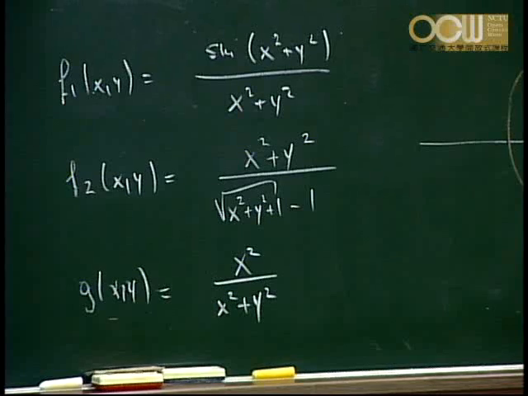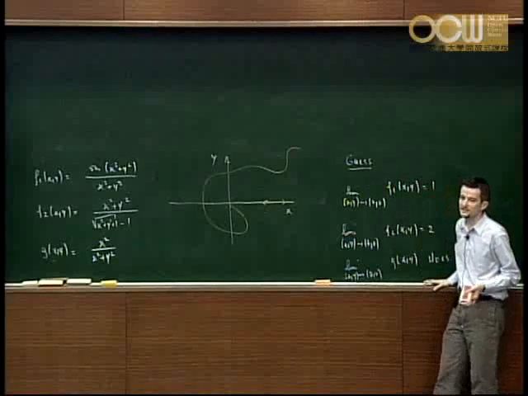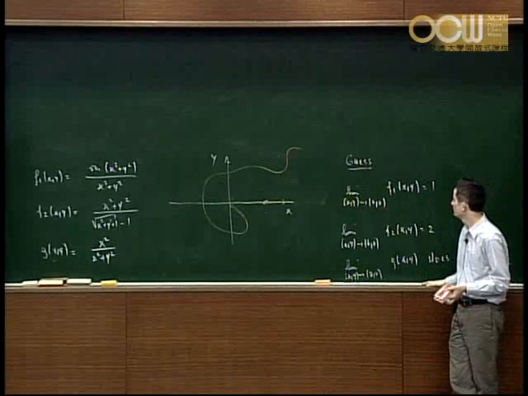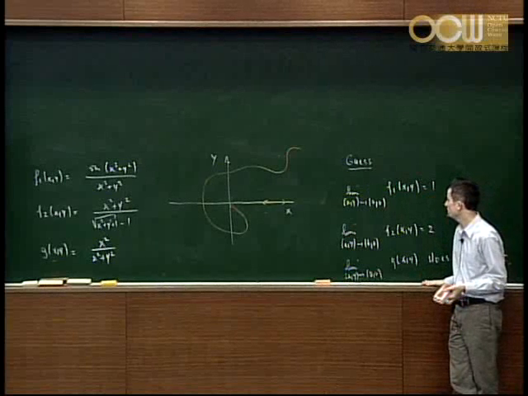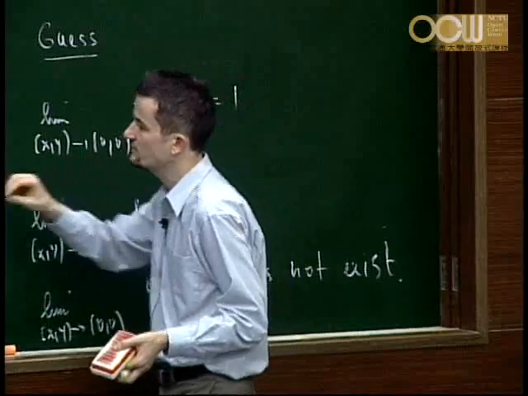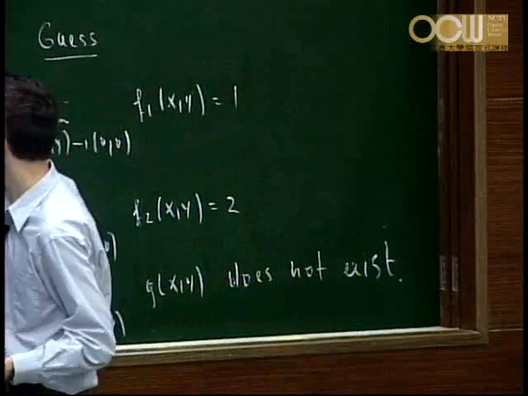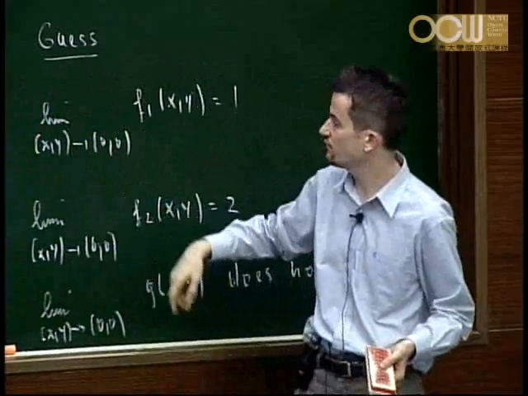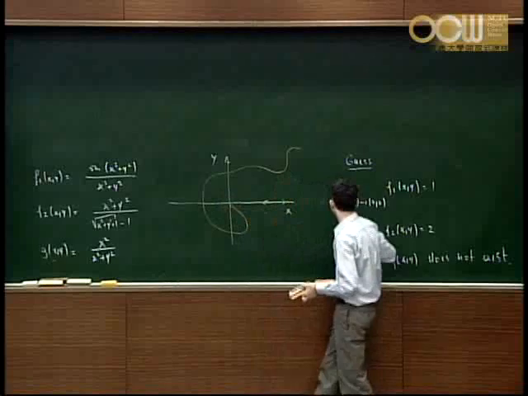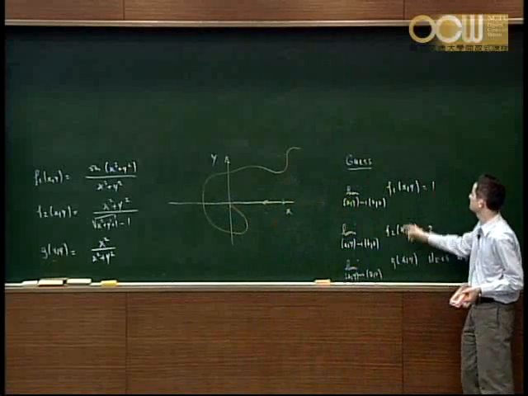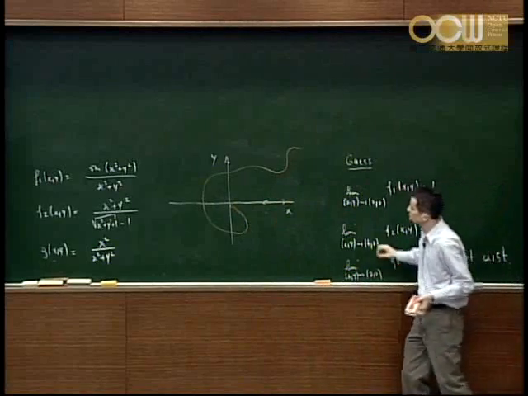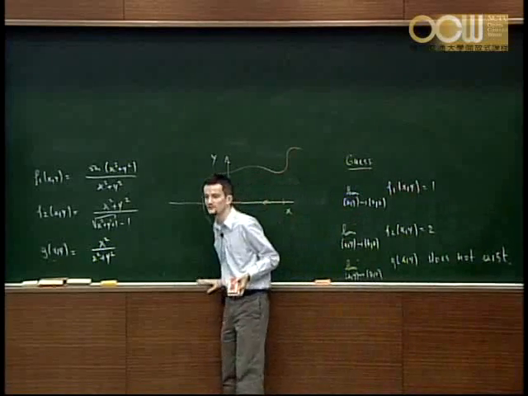So if we have such a limit relation, what does this mean? If I give you an epsilon, then you have to give me a domain, which is small enough and contains the origin, such that for all points (x, y) inside this domain, the distance between the function value and 1 is smaller than epsilon. The domains we choose here are, for instance, disks.